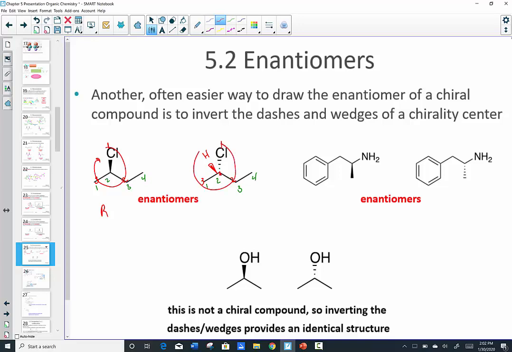You might think that we're still spinning in that clockwise fashion, but remember, the hydrogen is coming out to you. So when priority number 4 is the wedge coming out, you're standing on the wrong side of the molecule. So flip your answer.